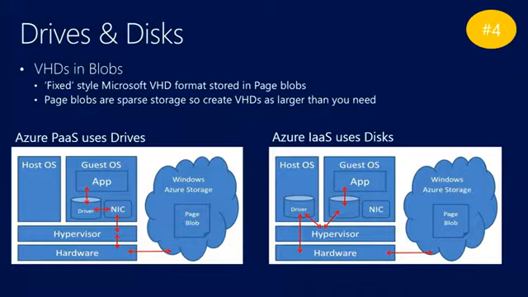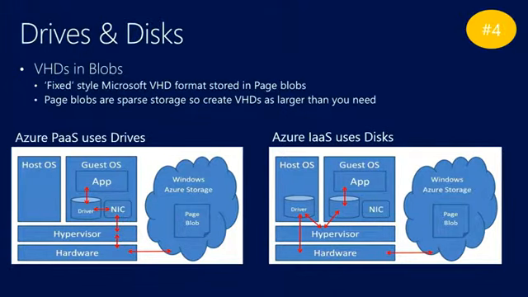Approach number 4, drives and disks. Basically sticking a VHD file in a blob and then attaching that VHD into Windows Azure's compute service, such that you can run Windows or Linux or a range of other things against that VHD.